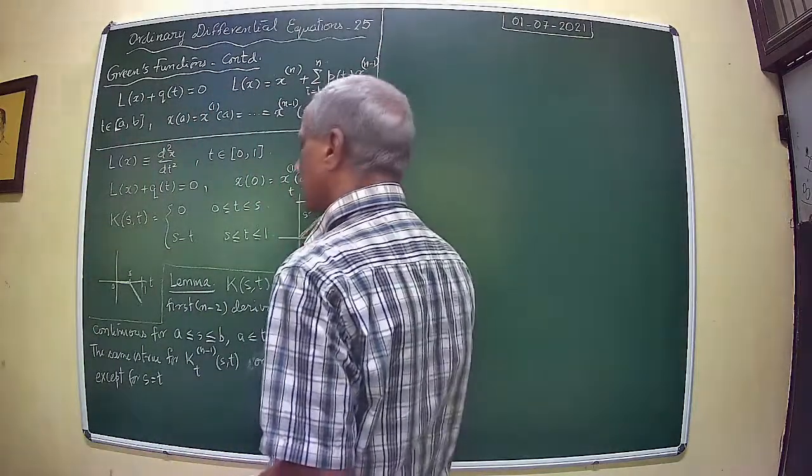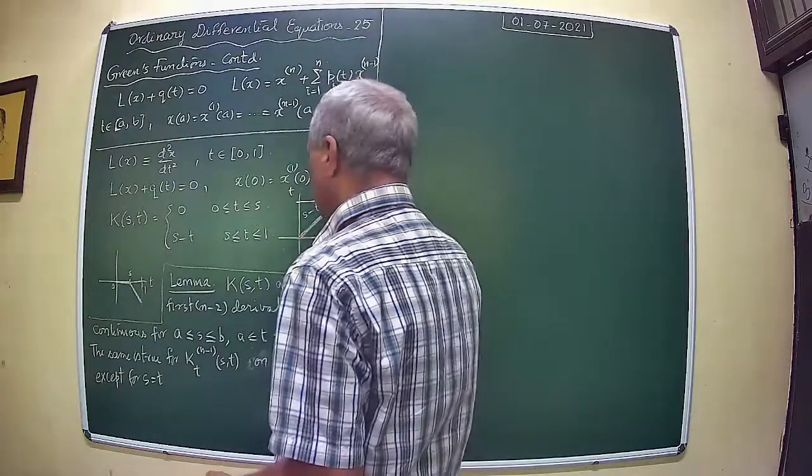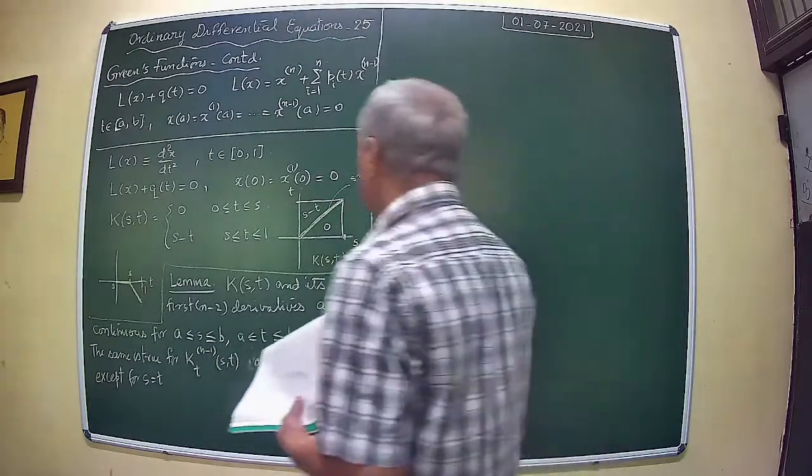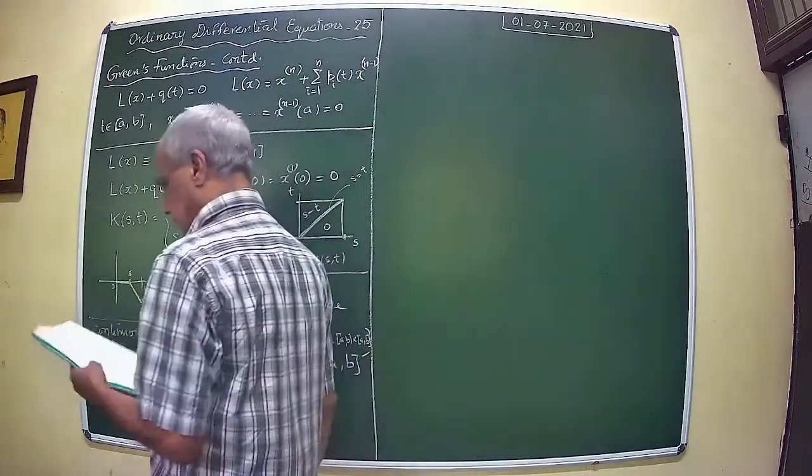This is 0 1 cross 0 1. Along this, the n minus first derivative has a jump discontinuity with respect to t.